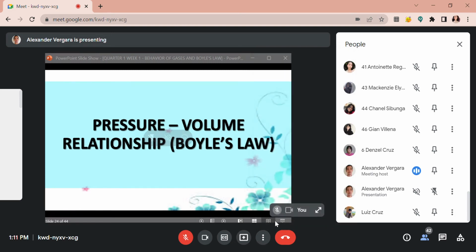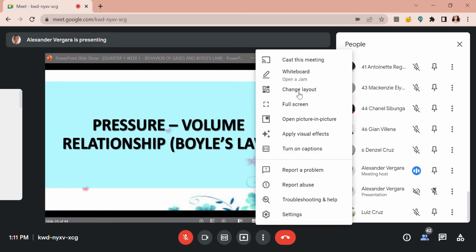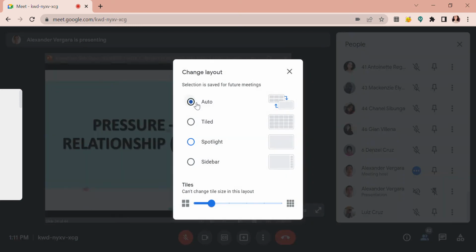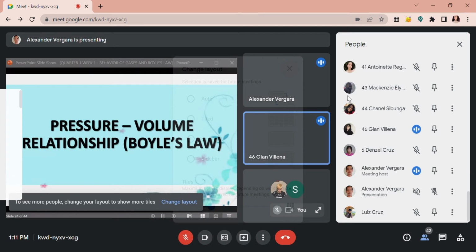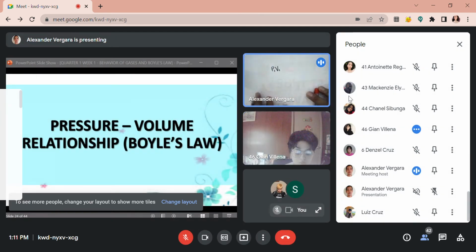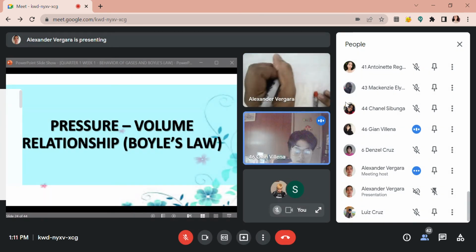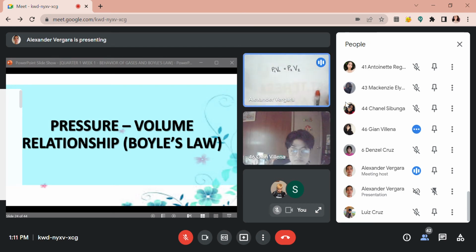So for Boyle's law, we have the formula P sub 1 V sub 1 equals P sub 2 V sub 2. Okay, is my handwriting visible?